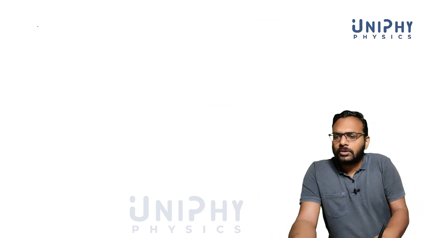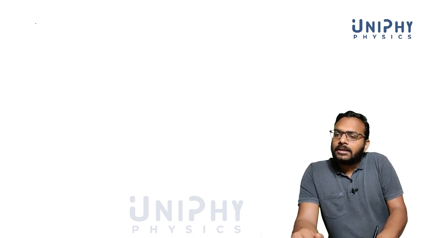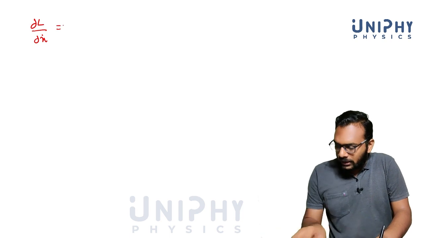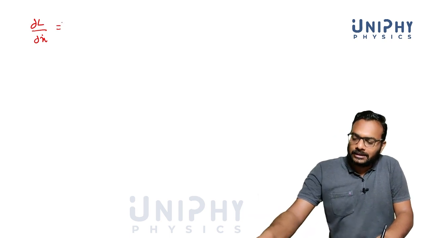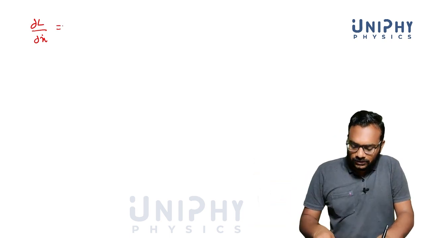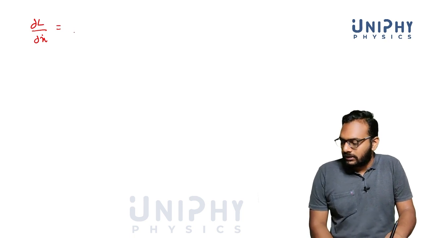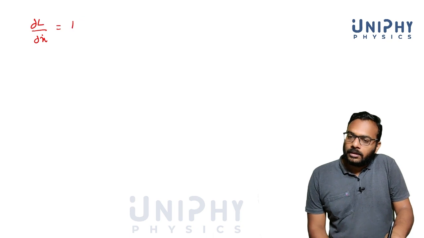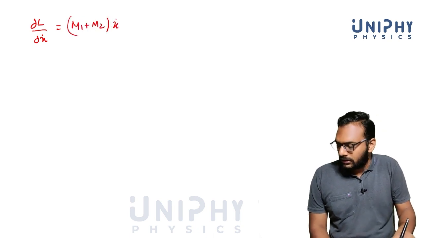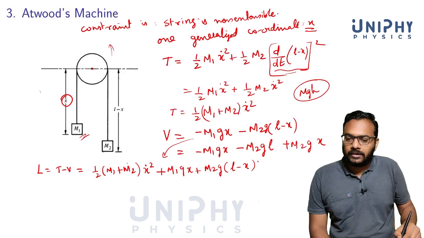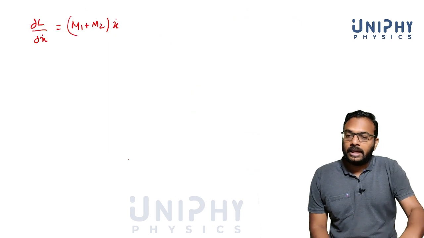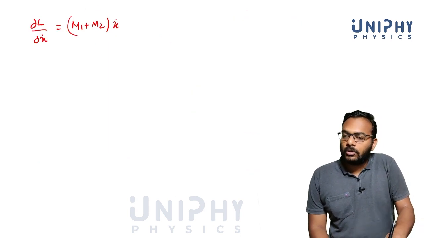Now there's just one coordinate. You find dou L by dou x dot. This is quite easy to do. Just find the partial derivative with respect to x dot, and it's equal to (m1 plus m2) x dot. And what's dou L by dou x?